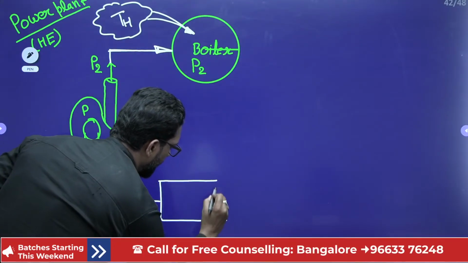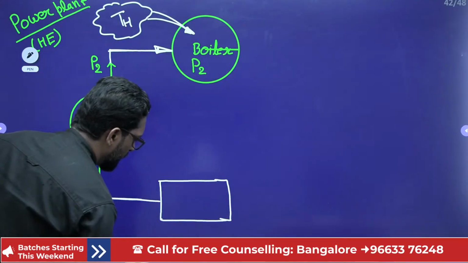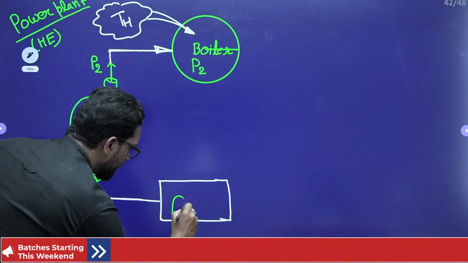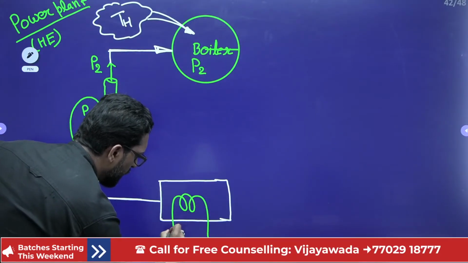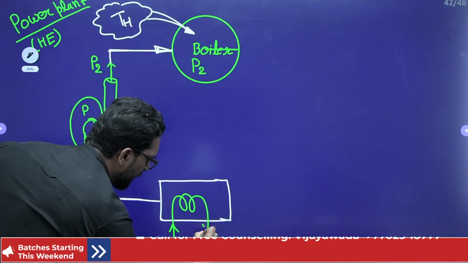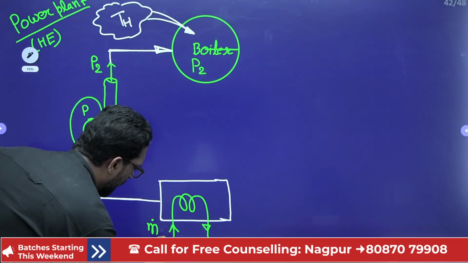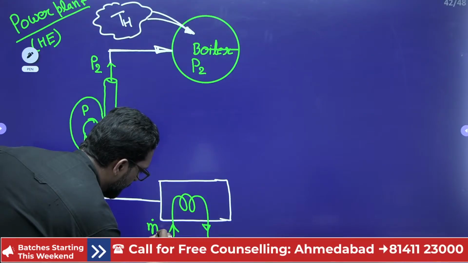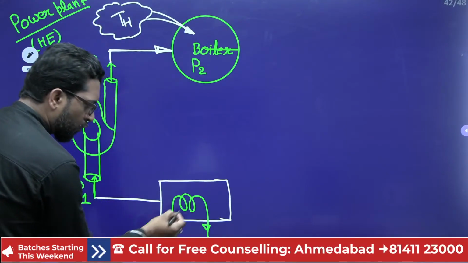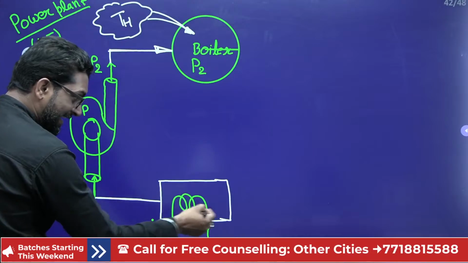So there is a condenser. In this condenser there is a condensing coil in which the liquid flows, with a mass flow. This is cooling water, this is hot water. It is like a heat exchanger, very important.